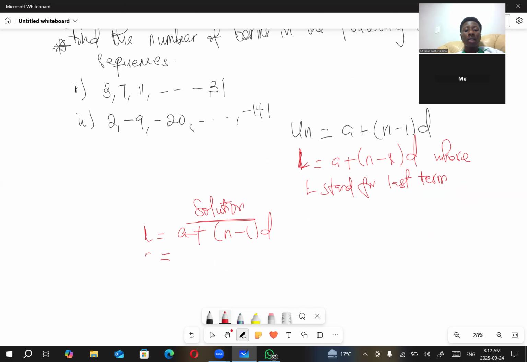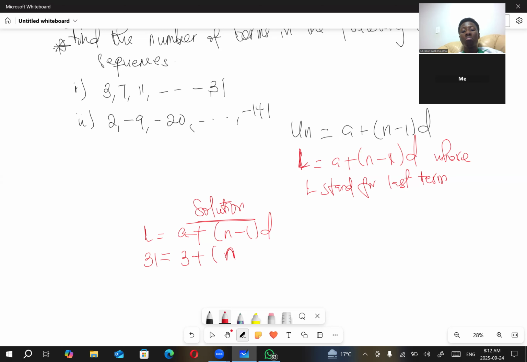The last term is 31, so it's equal to a. What's the first term here? Three. Good. What's the n? The nth term, like the number of terms.